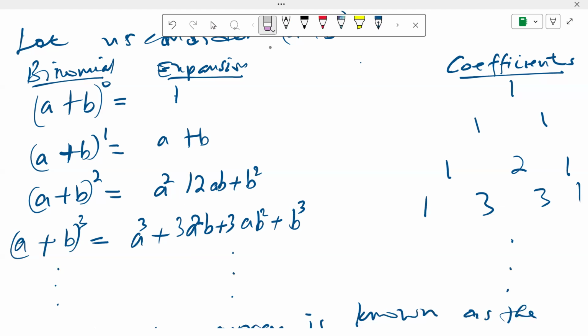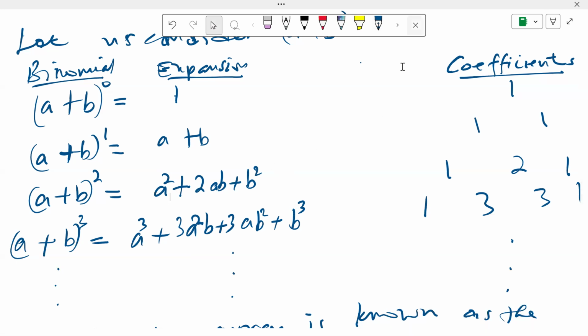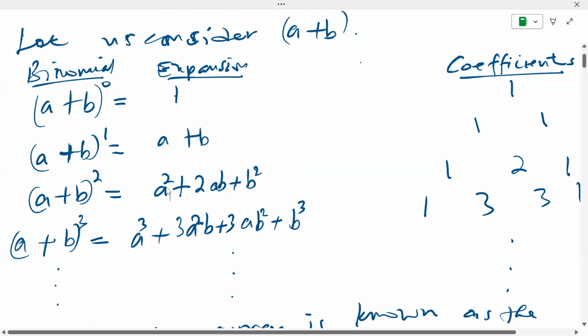Let me take my time and write it very well. So we have a squared plus 2ab plus b squared. So here the coefficients are 1, 2, and 1. And so we get 1, 2, 1.